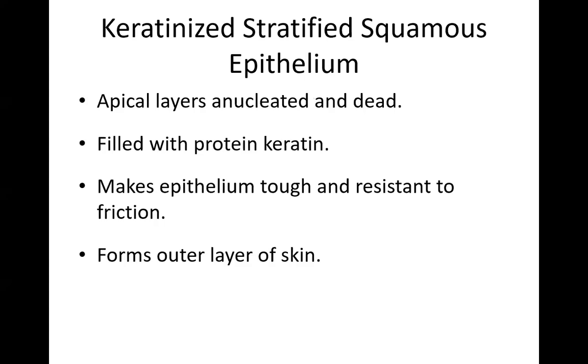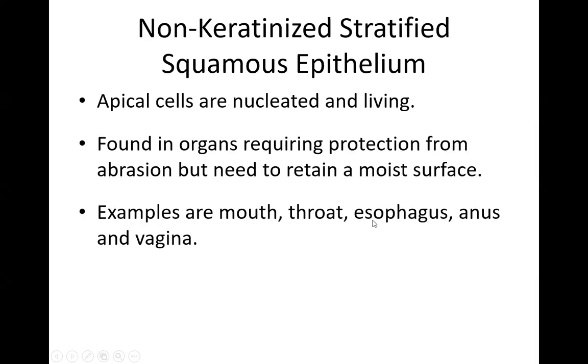Keratin is important because it gives tensile integrity, strength, and support. This strength and support is what enables your integumentary system to handle all of this temperature in the summer, all of this cold in the winter. It makes the epithelium tough and resistant to friction, and it forms the outer layer of the skin.